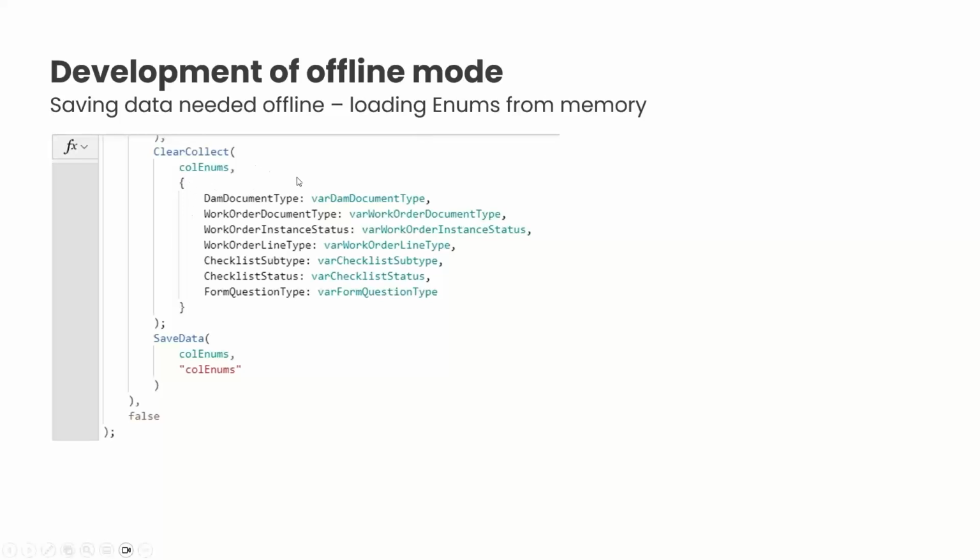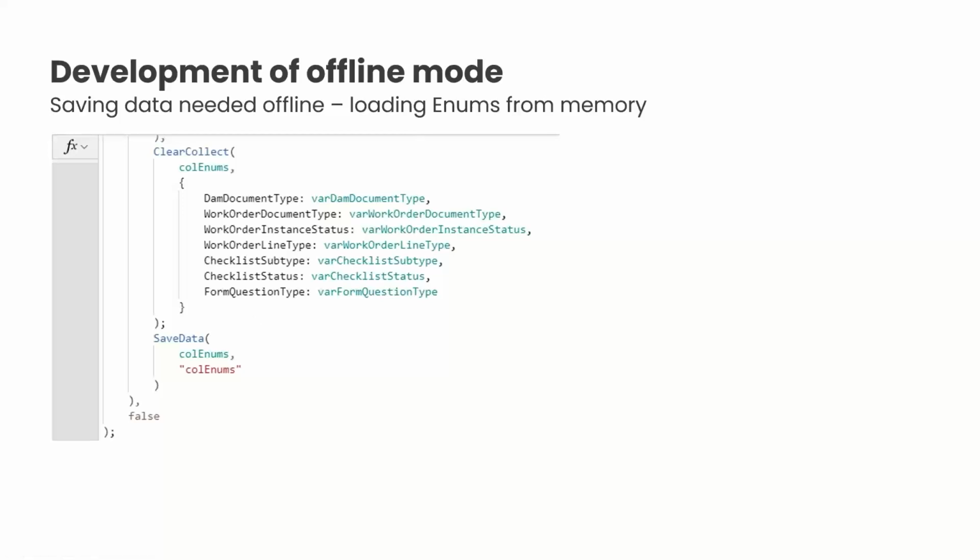Let's call it col enums, and we are creating a column in this collection for each option set that we have. We are saving the option set from this variable to the first row of this column, and we are doing it for every option set that we need to save for offline mode.